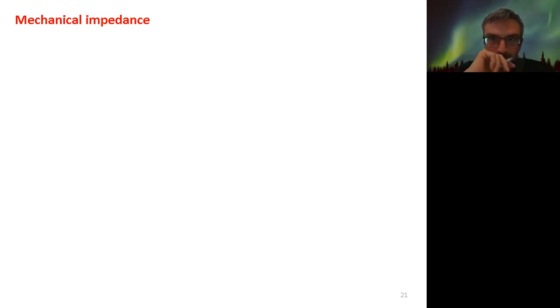So what is mechanical impedance and what is impedance control? In impedance control, to design our control law, we do something very similar to what we did in the task space, in the Cartesian space inverse dynamics.